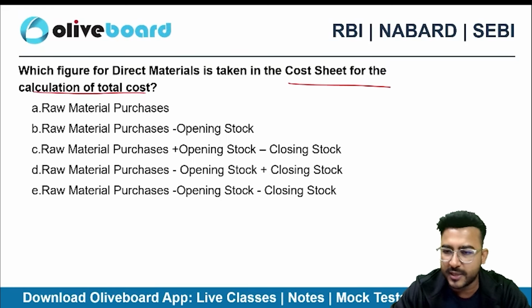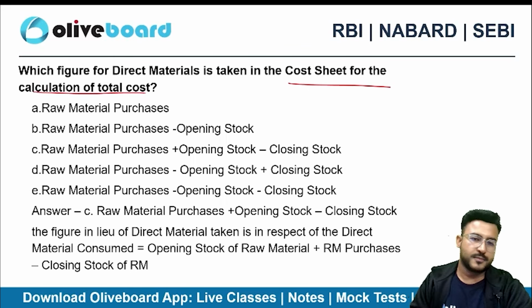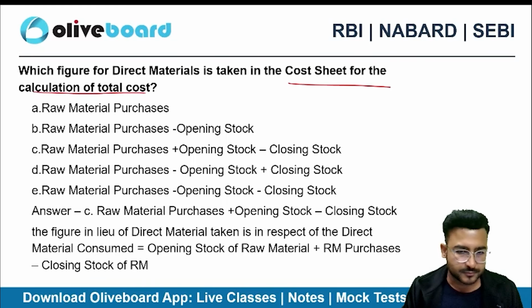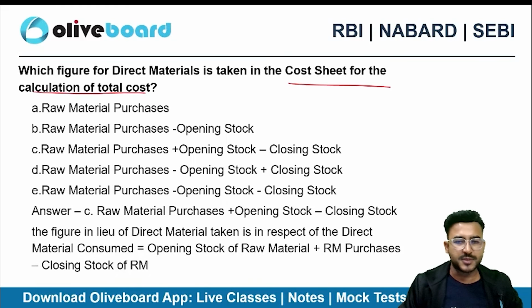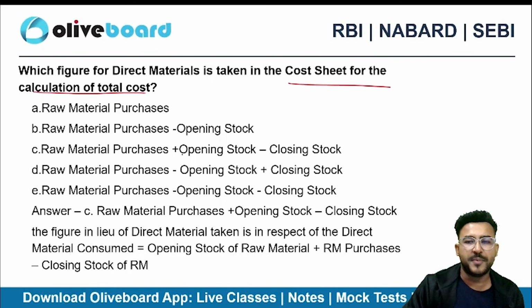And how to calculate the direct material consumed here? Option C, right? Opening stock plus purchases minus closing stock.